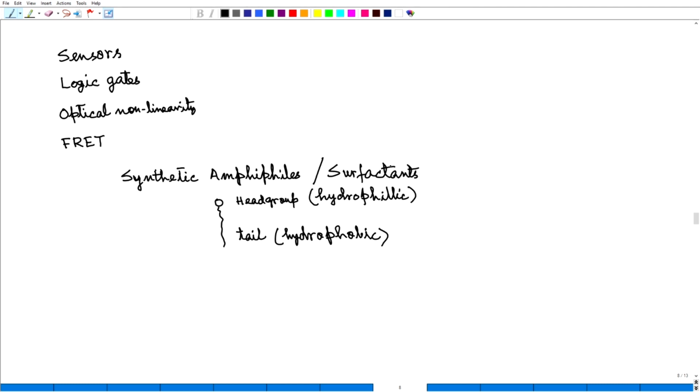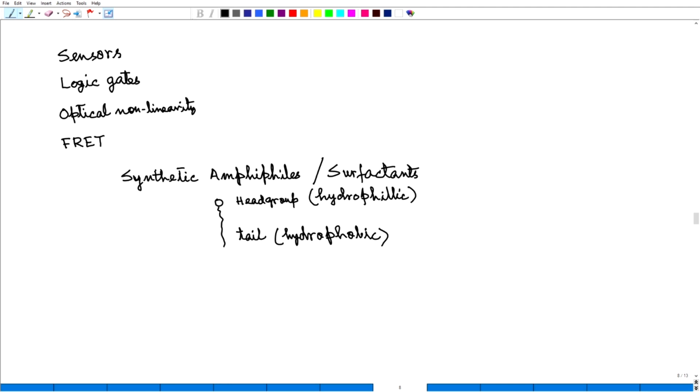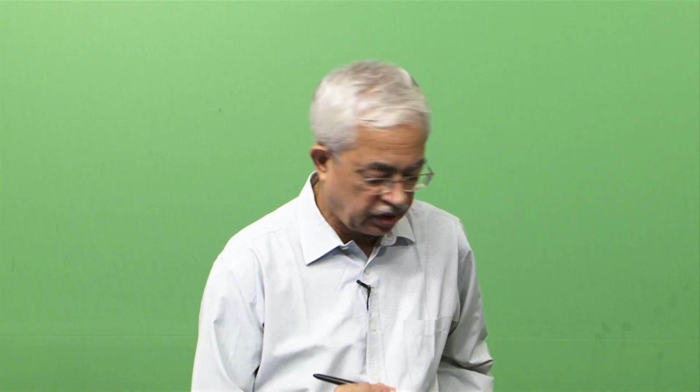Surfactants means surface active agents. Okay. So, this I just introduce you today. So, from next day onwards I will be doing synthetic amphiphiles or what is also called surfactant. Surfactant means surface active.